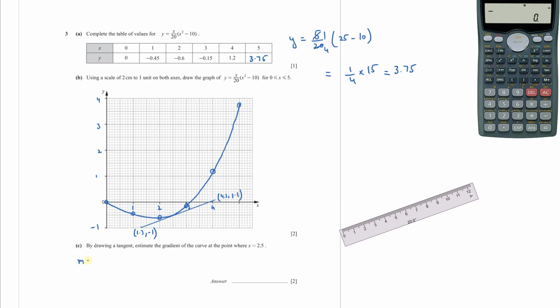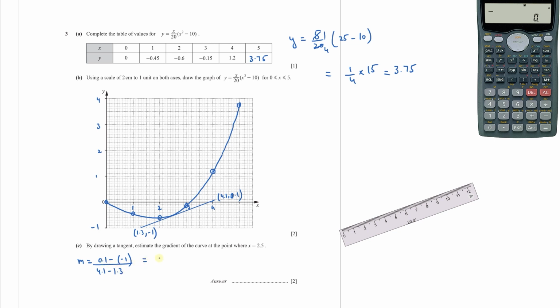So now I can calculate the gradient, which will be y2 minus y1. Oh, in fact, this is 0.1. So the y value here is 0.1. So this will be 0.1 minus -1, divided by x2 minus x1, 4.1 minus 1.3.